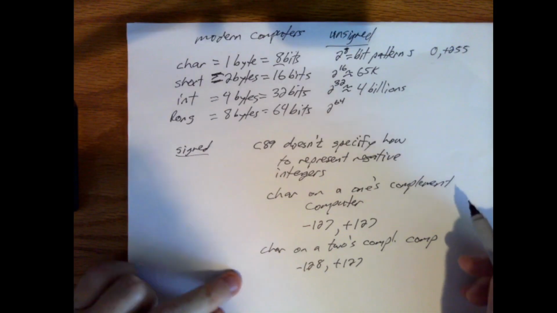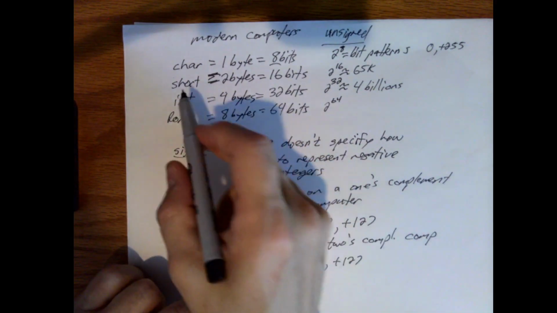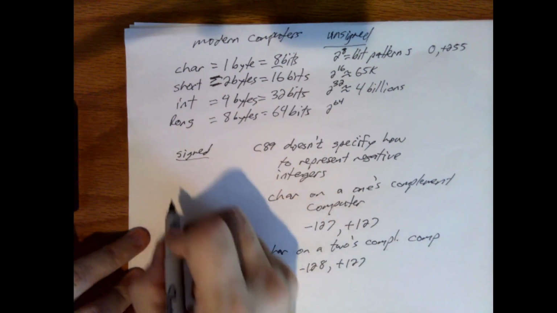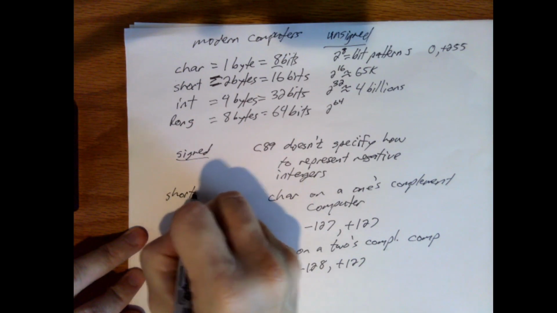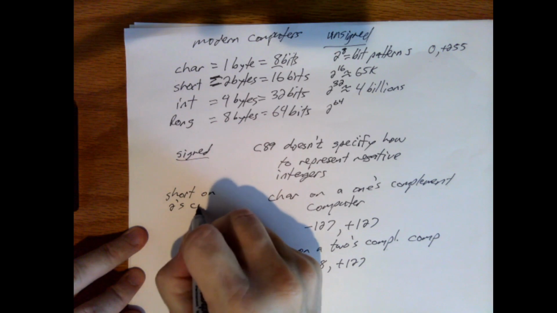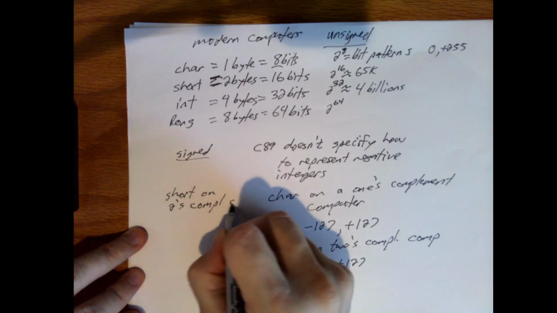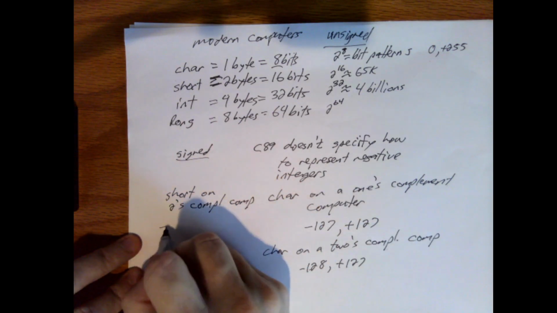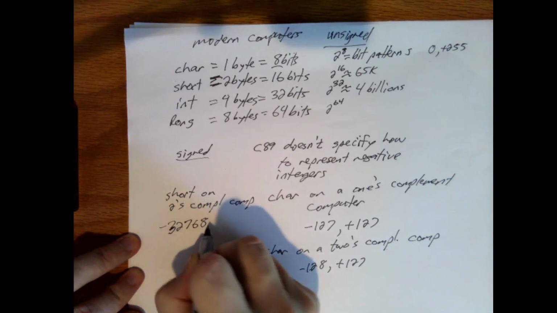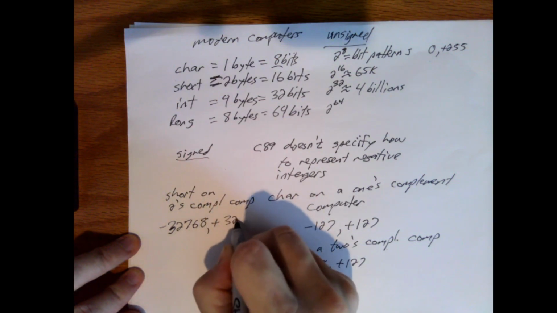And the others work in the same way. So if we're talking about a short on a 2's complement computer, minus 32,768 I think is the number, and positive 32,767.